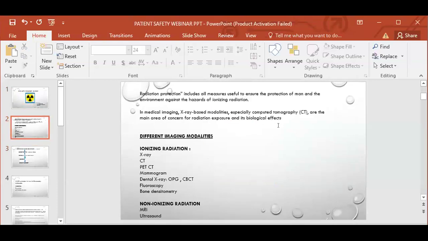There are different forms of imaging modalities in any diagnostic radiology department: those which use ionizing radiation and those which are non-ionizing. So we have those which use ionizing radiation. We have X-rays, CTs, PET-CT, mammograms, dental X-rays, which are OPGs and CBCTs, and fluoroscopy.